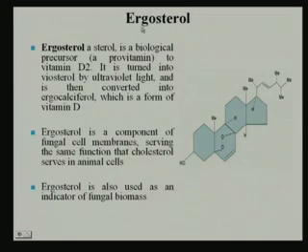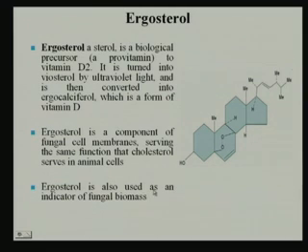When we are coming to ergosterol, it is also a sterol. It is a biological precursor, or the provitamin, of vitamin D2. It is turned into biosterol by ultraviolet light and is then converted into ergocalciferol, which is a form of vitamin D. Ergosterol is a component of the fungal cell membrane, serving the same function that cholesterol serves in the animal cell.